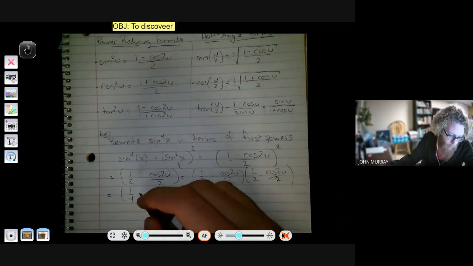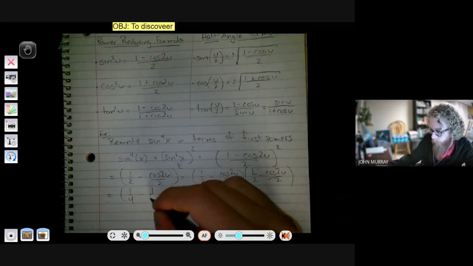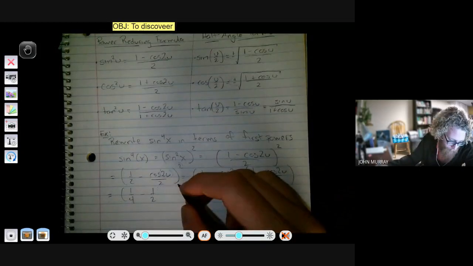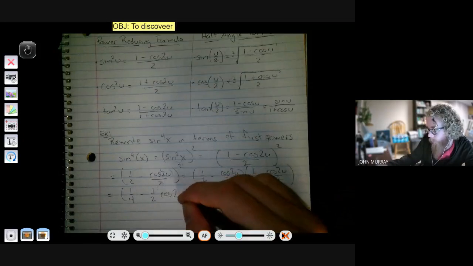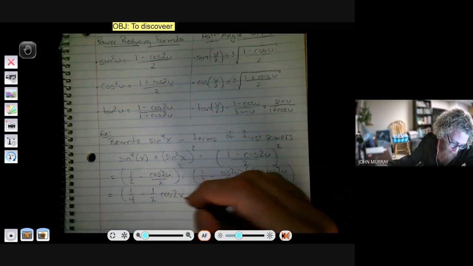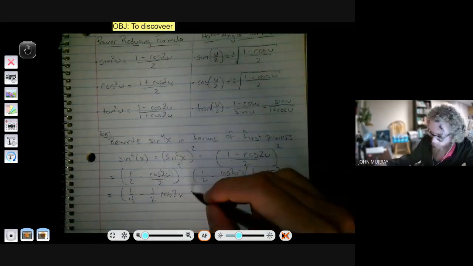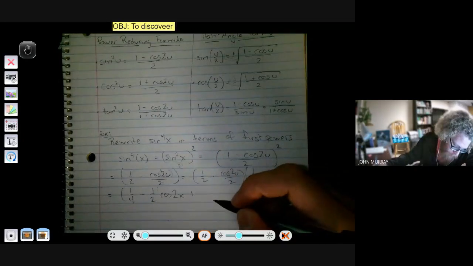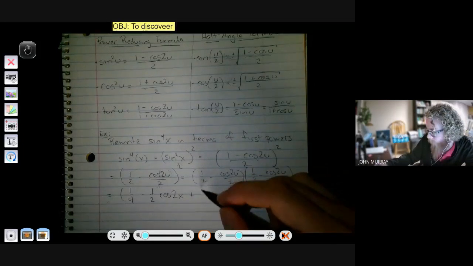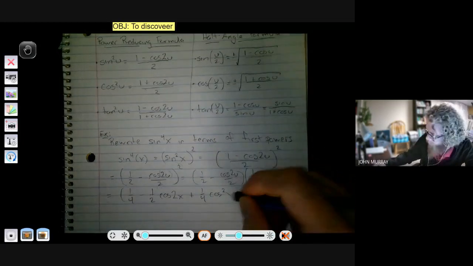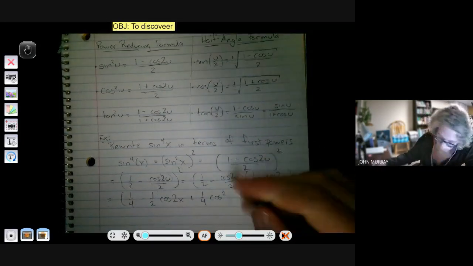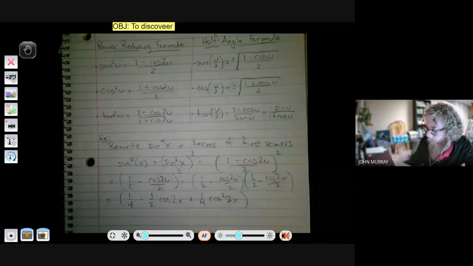We'll get 1/4 minus 1/2 cosine of 2x plus 1/4 cosine squared of 2x.